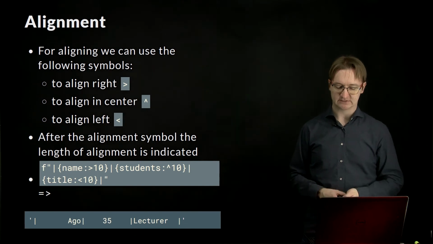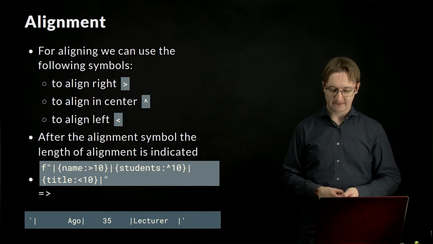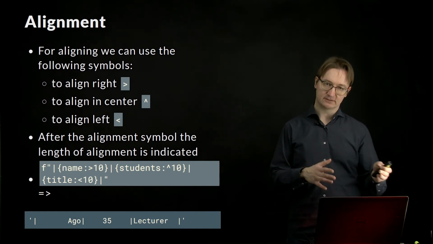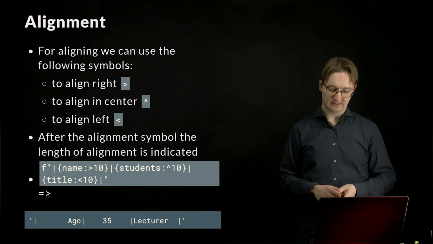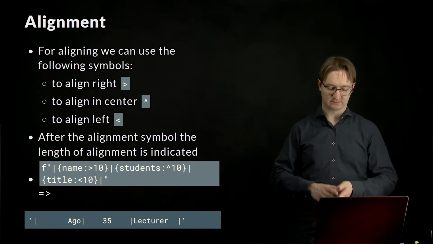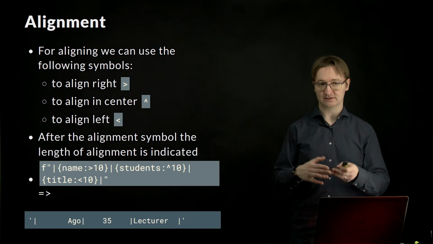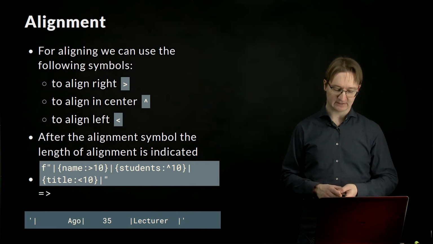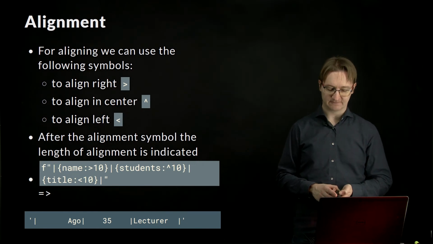And what happens is shown here. The name in this example is Ago. It's aligned to the right. As you can see, it's right next to the pipe there. Then the students, just the number of students this Ago has, is aligned in the middle, and the title of the Ago is aligned to the left.